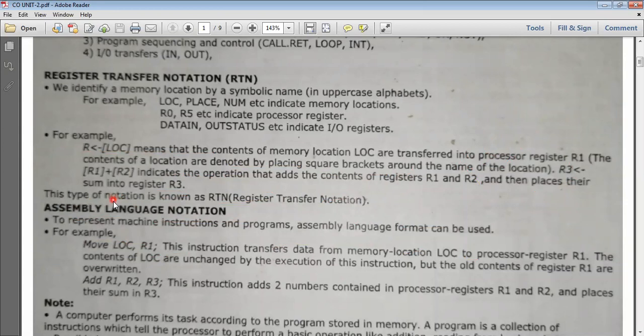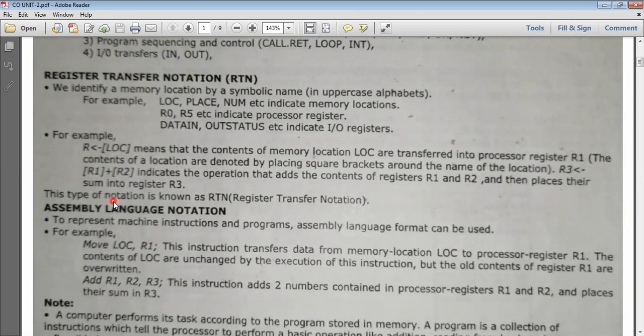This assembly language is understood by the user only. It is not understood by the processor or the machine, because the user developed the program in assembly language.